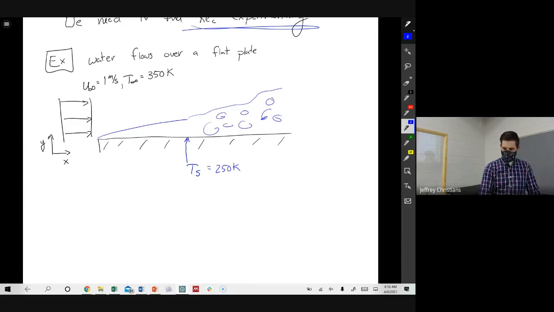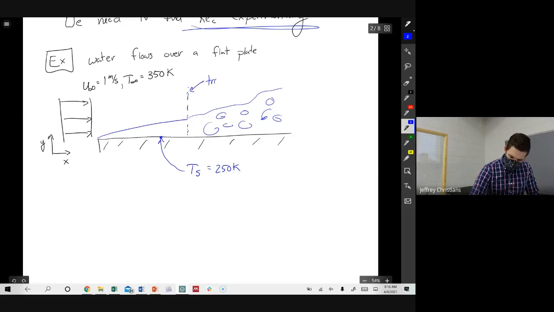In the first region, things are fairly easy. So this is the transition: before that, laminar; after, turbulent.